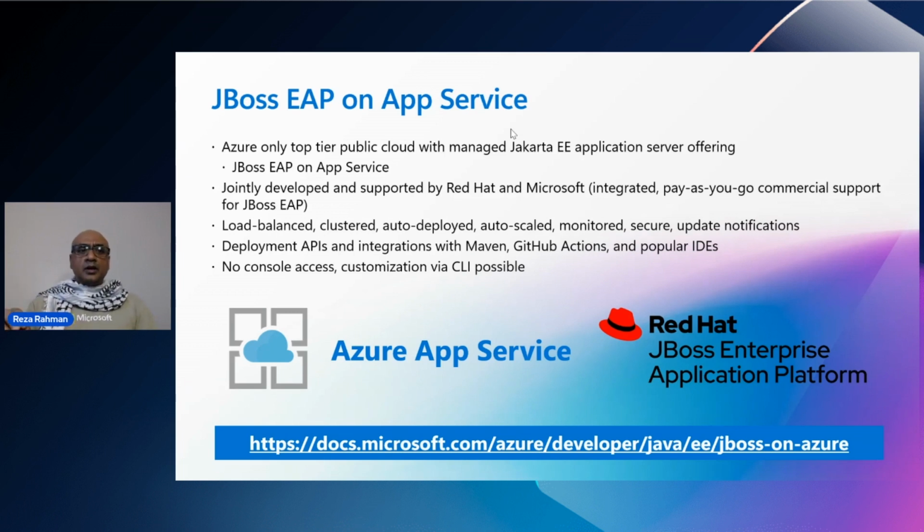Last thing I'll mention, it's a little bit of a commercial concern, but it is an important concern if you're going to use this in production. The thing that we are developing today and showcasing today is not just a solo thing that Microsoft is doing. It's actually a joint endeavor between Red Hat and Microsoft. And when it comes down to things like support, we actually behave much like a single company.